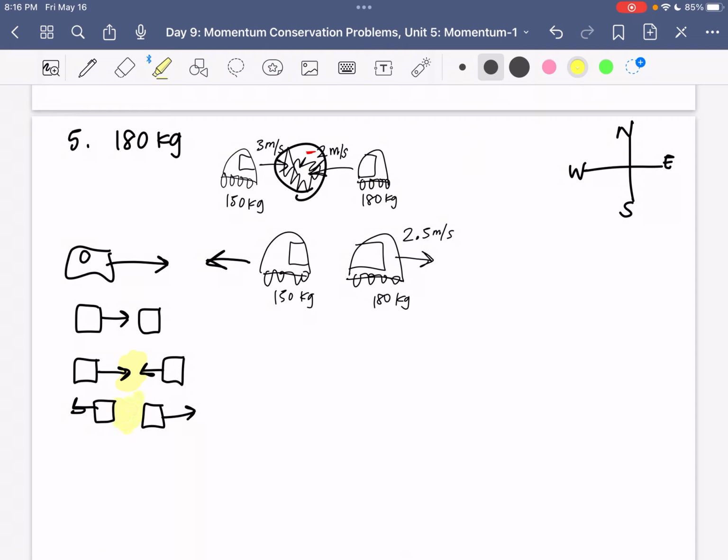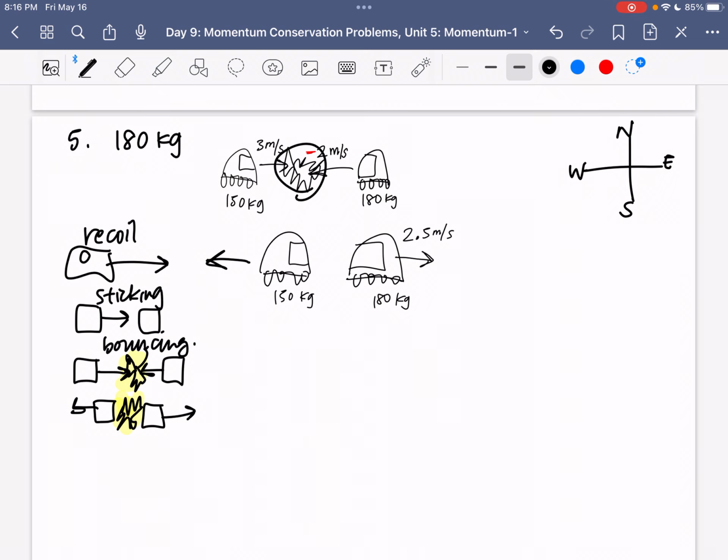Big fire, big crash. Okay, so this is recoil, this is sticking, and this is bouncing.